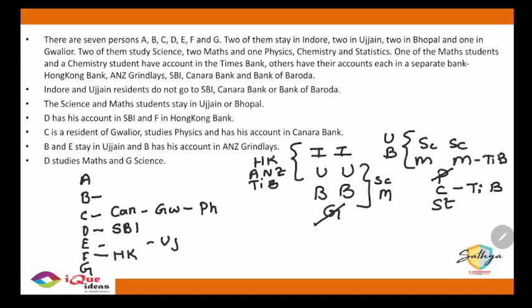So the third thing is the city, right? So B and E stay in Ujjain and B has his account in ANZ Grindlays. So B has his account in the ANZ Bank, right? So ANZ Bank and Ujjain एक एक निकल गया, and the second person of Ujjain is also done. And so this is pretty much straightforward.